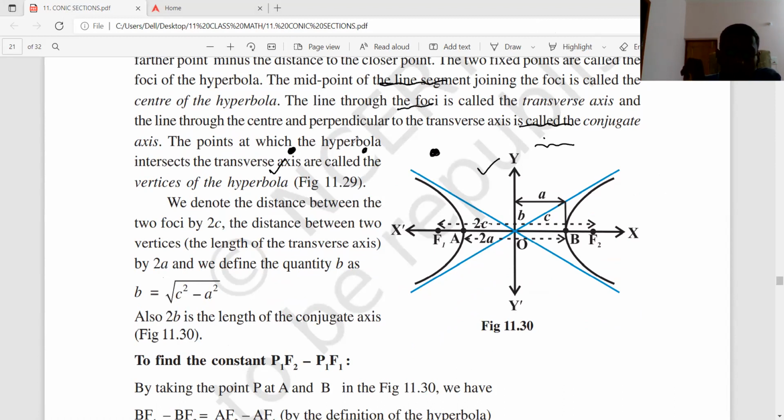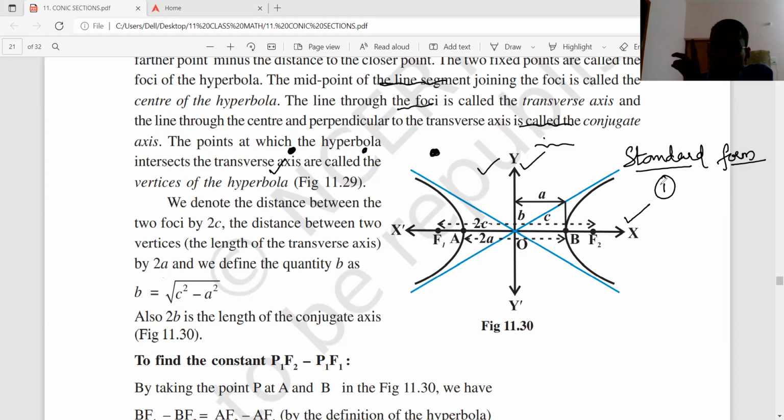Again we take a standard form, in which we take the x-axis and y-axis as the transverse and conjugate axes. Here also we have two cases: the x-axis is the transverse axis, or the y-axis is the transverse axis. You understand my point? Same thing as the ellipse.